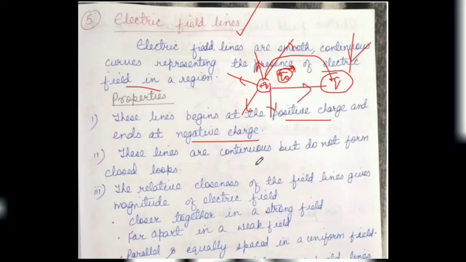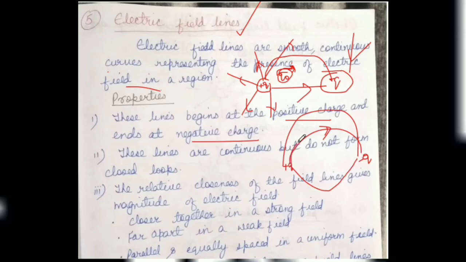These lines are continuous but do not form closed loops. Suppose this is a positive charge and this one is a negative charge. Field lines are always from positive to negative, right? This is the direction of field lines, positive to negative, but they do not form closed loops.